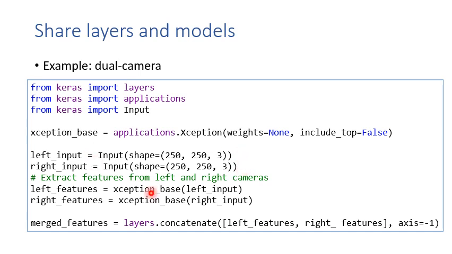Both inputs are passed into the same pre-trained model, and then generate two outputs. So there is left input, left features, right input, right features. And finally, we concatenate the features together and make a merged features output.